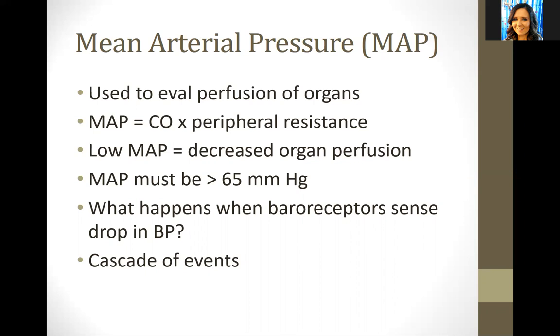So for example, when a drop in blood pressure is sensed, epinephrine and norepinephrine are released from our adrenal medulla. Remember, epi and norepi are our fight or flight response chemicals. This results in an increase in our heart rate, and vasoconstriction happens, and these increase our blood pressure and cardiac output.